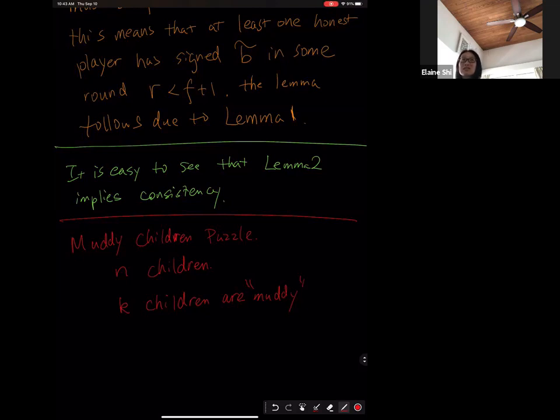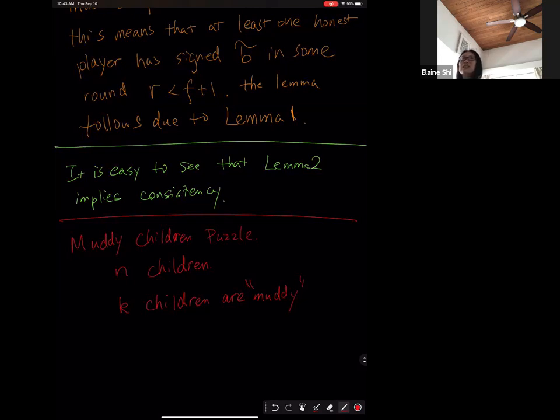Now what about k equal to 2, right? If k is equal to 2, and the teacher says there exist muddy kids, and let's say I'm muddy, I don't really know, because I see one other muddy kid, so I won't step forward in the first round. But the other kid is doing the same reasoning.